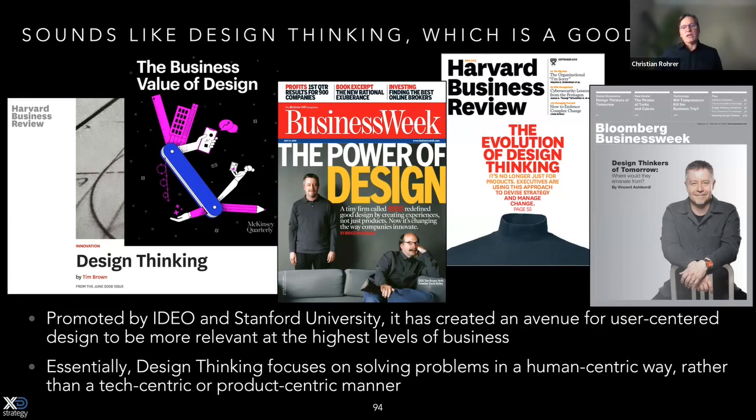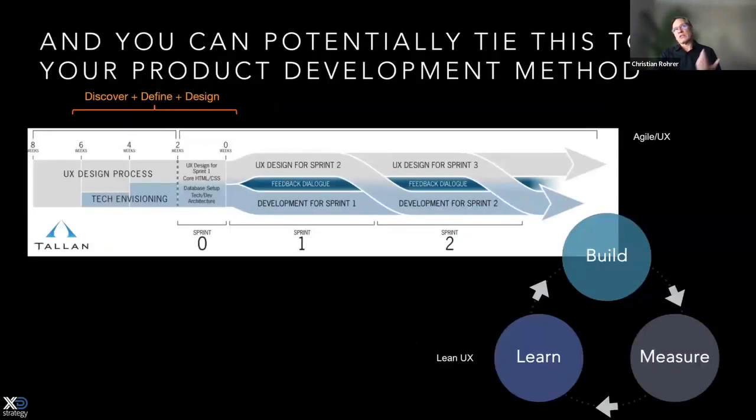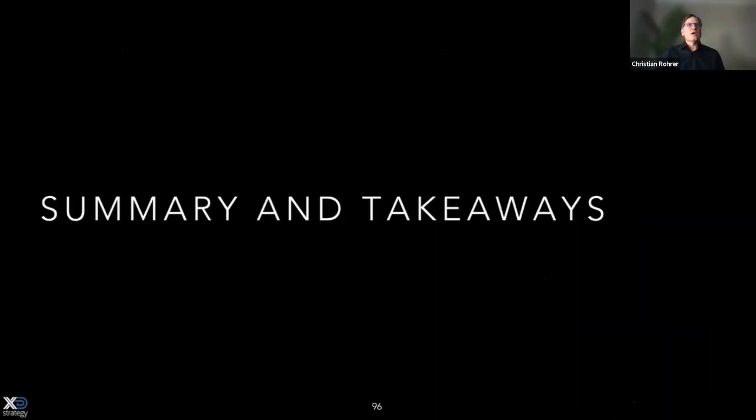It's become a good way to get the focus back on being customer-centric or human-centric, and that's something you can leverage. The other great thing is that, depending on what kind of product development methodology you have, whether it's agile or lean or whatever, you can tie your design process to that if you make a few modifications to it.